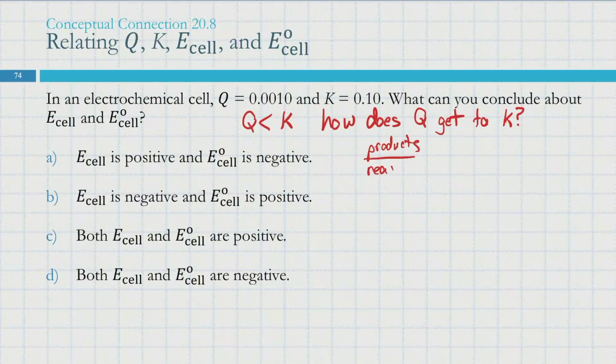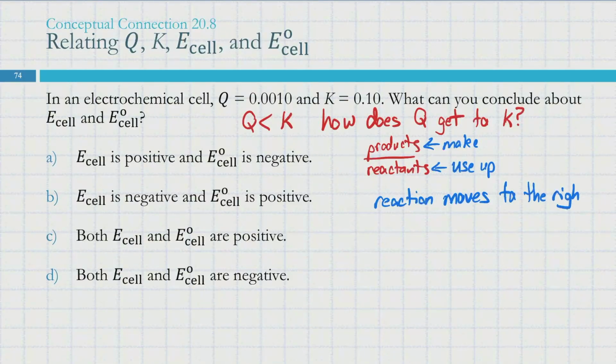We've got products over reactants. To increase our Q value, because Q is less than K, we need to make products and or use up reactants. So decrease reactants, increase products. Reaction moves to the right to get our Q to move towards our K.